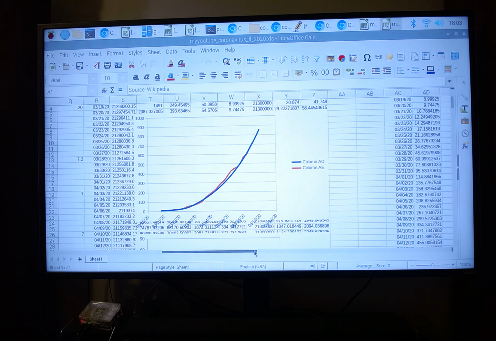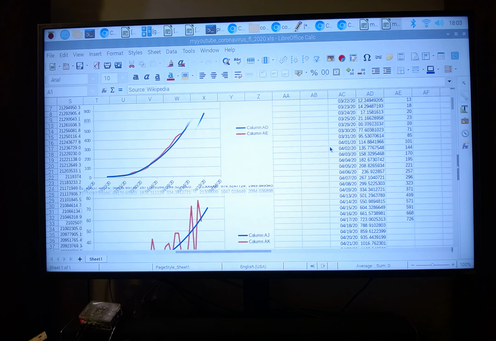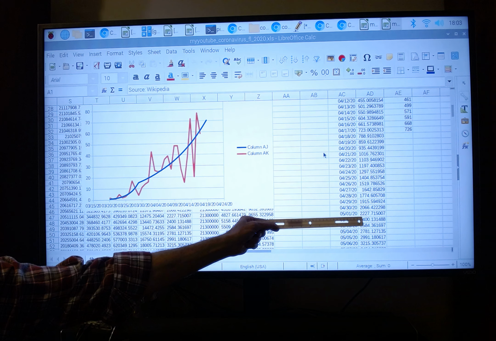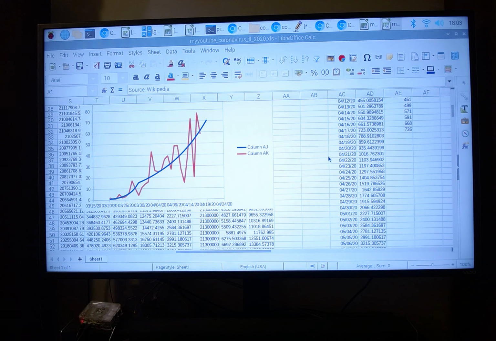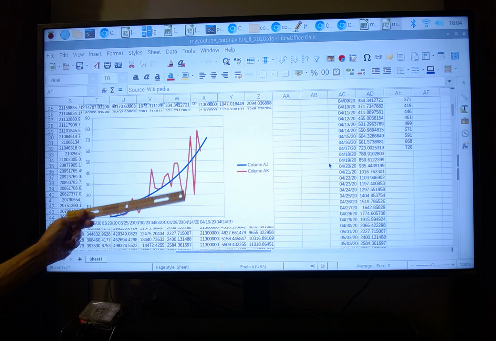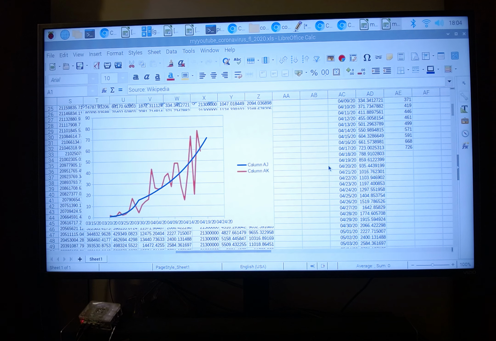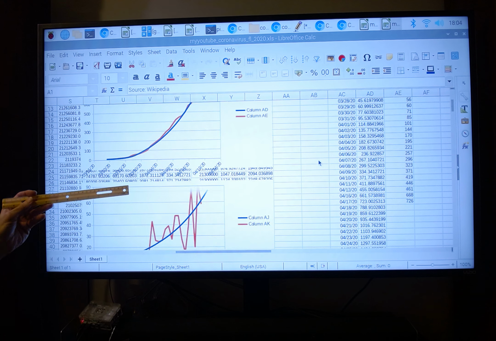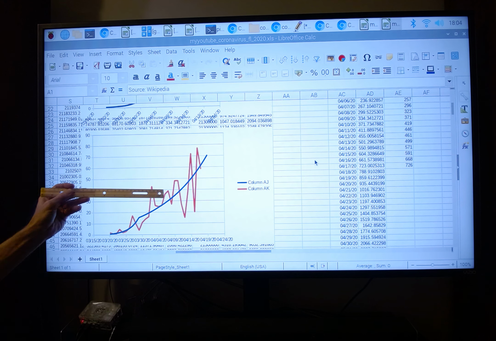But if we look over here, for Florida, 2,227 deaths, and there's the change in the daily deaths per day. That's the cumulative deaths. This will be the first derivative.